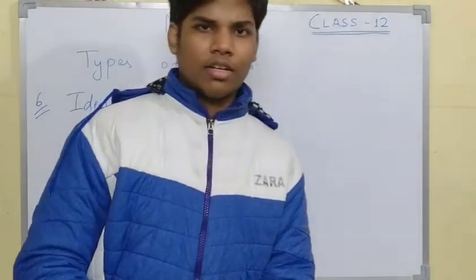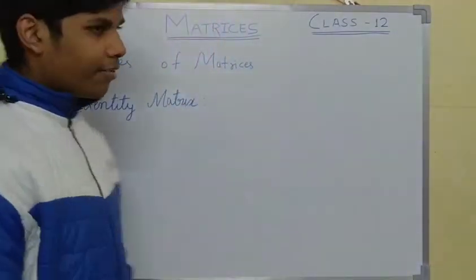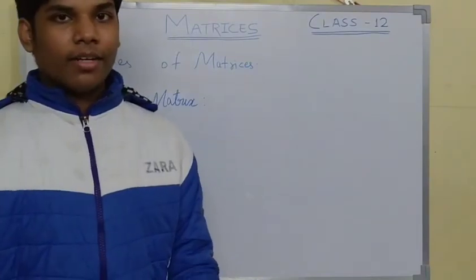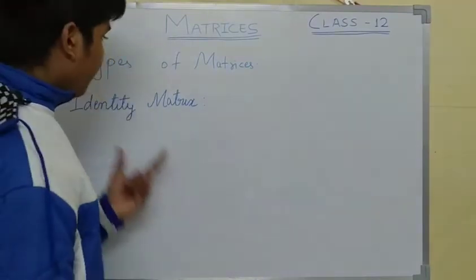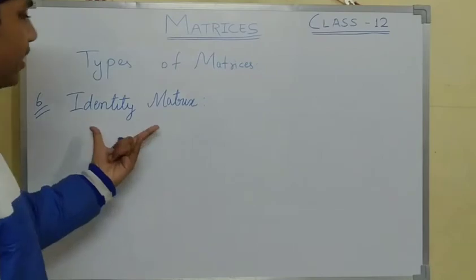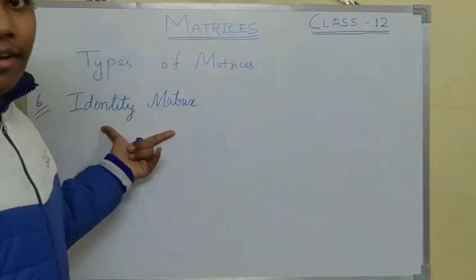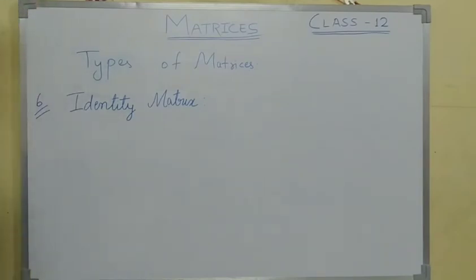We have seen in the real numbers chapter that in the number system, if we multiply 1 by any number, we get that number only. In matrices also, the identity matrix is like that only. If we multiply any matrix with this matrix, we will get that matrix itself.